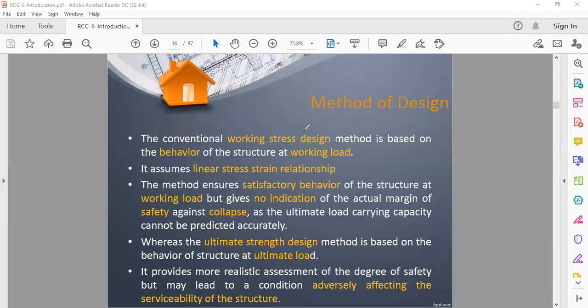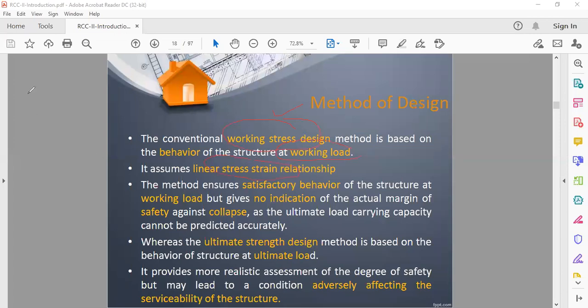If you look at the working stress design, earlier it was the working stress design. Basically, there are the working stress design, limit state design and ultimate state design. These are the major ones. Looking at the first one, working stress design is based on the behavior of the structure at working load, and this assumes a linear stress relationship.